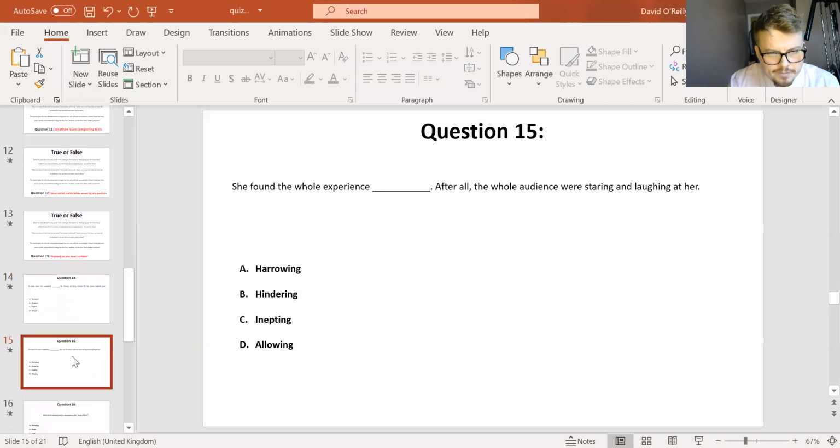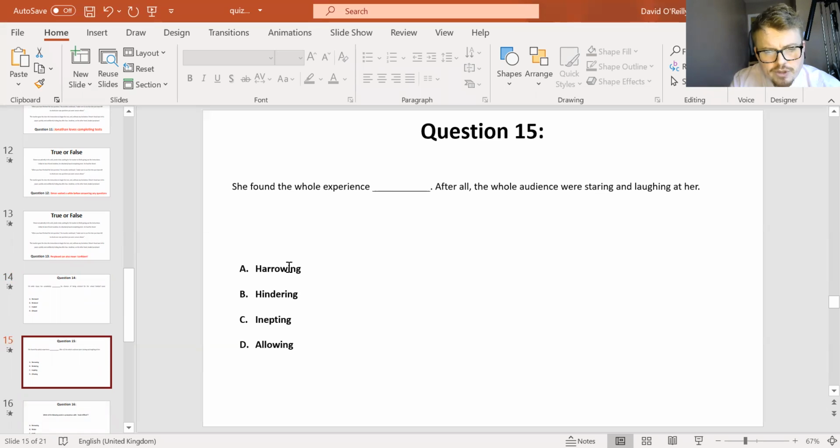The next question, she found the whole experience blank. After all, the whole audience was staring and laughing at her. Okay, so the key here is to think about how this character might be feeling. If the whole audience is staring and laughing at you, that isn't a very nice experience. That's quite a scary experience.